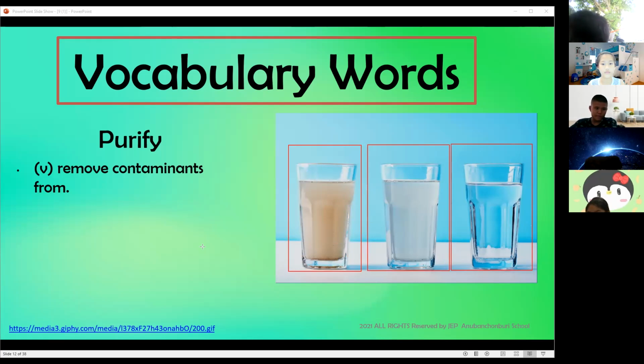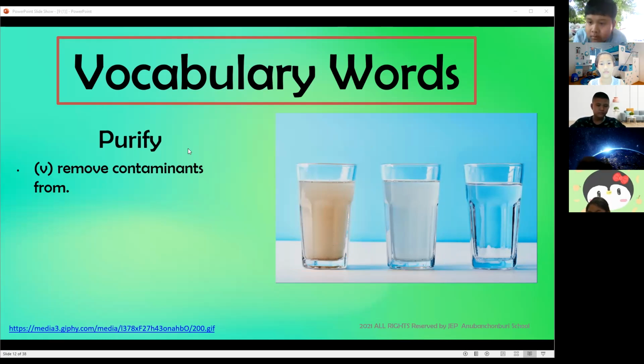When that happens, you will be able to drink that water. So that is the meaning of the word purify. We can purify the air, we can purify the water, we can purify the oil as well, because the oil has some contaminants as well.